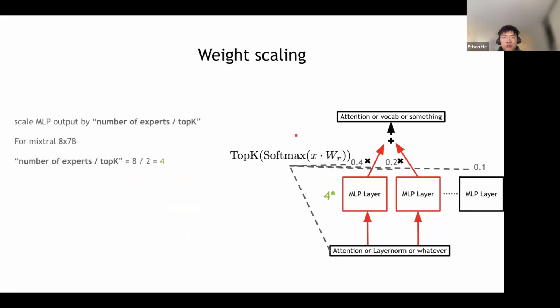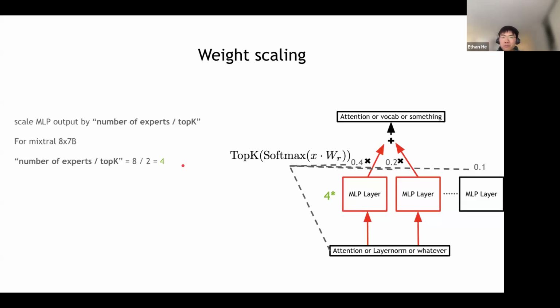However, we found a very simple approach to solve this problem. Because the output scale is smaller than the original model, we can simply scale up the MLP output by the number of experts divided by top K. For example, if it's Mixtral 8x7B, we simply scale the MLP layer output by 4x.